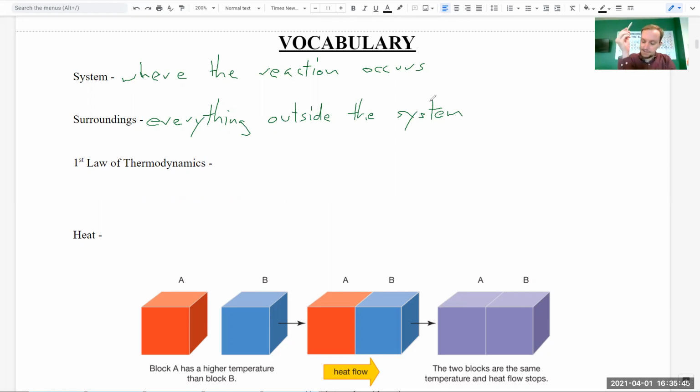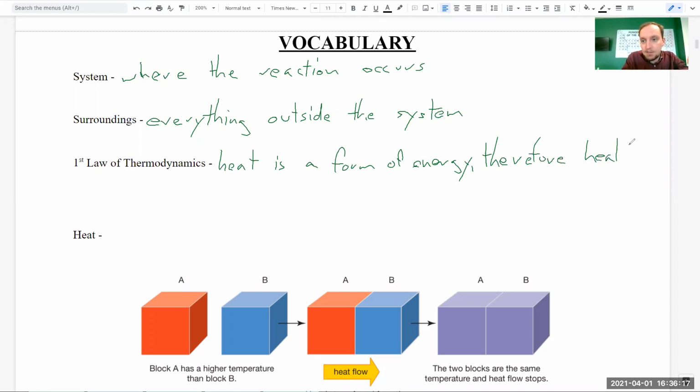Let me make sure I phrase this correctly: heat is a form of energy. Therefore, heat is conserved.